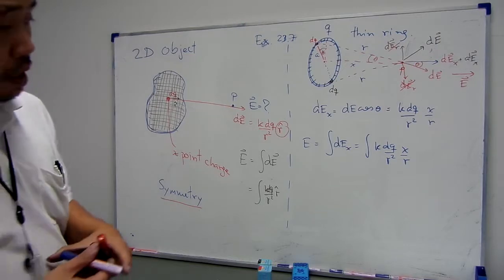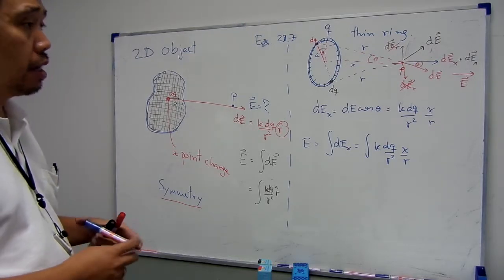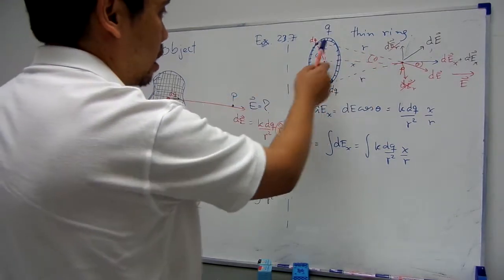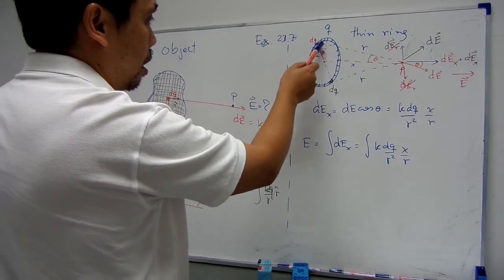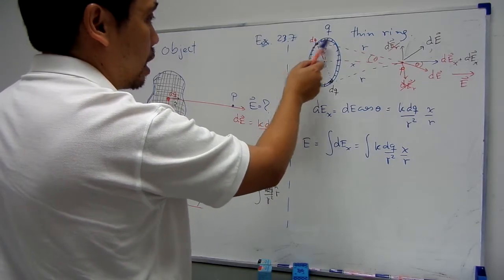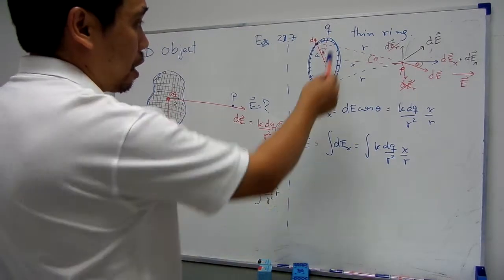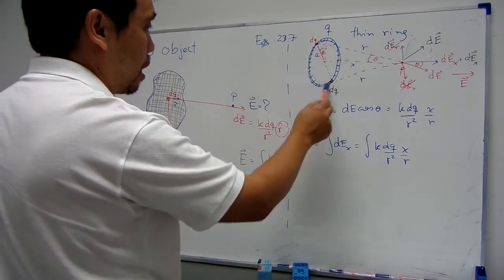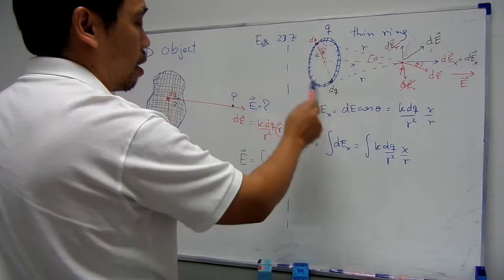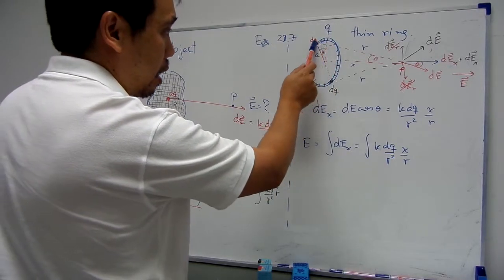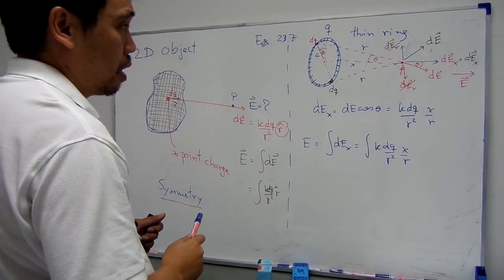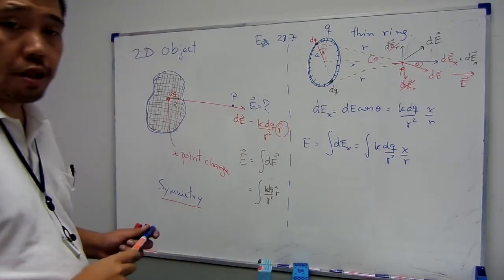Now you can see that from this configuration, the distance from each piece of dq to the point P is a constant. You can look at any piece on the ring and the distance r is a constant. Also the distance x is a constant.